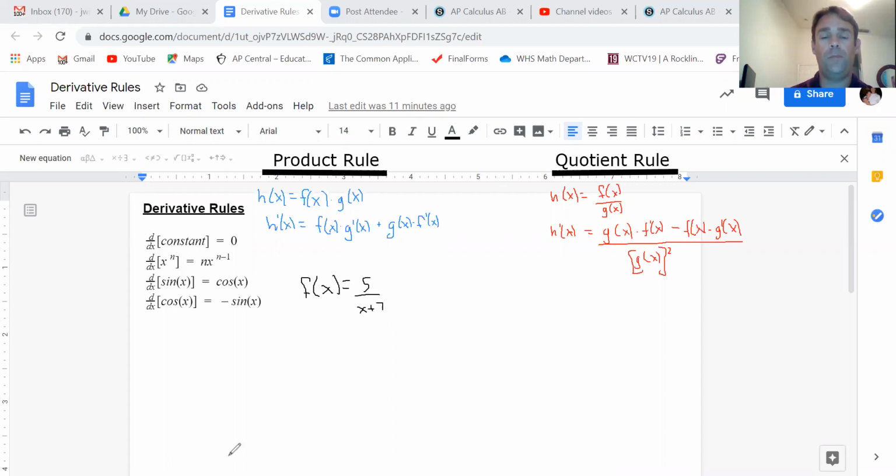And when we did this problem yesterday, we brought that x plus 7 up. And we made it a -1 exponent. So we could then go ahead and do our derivative.